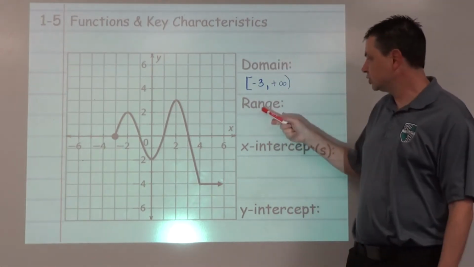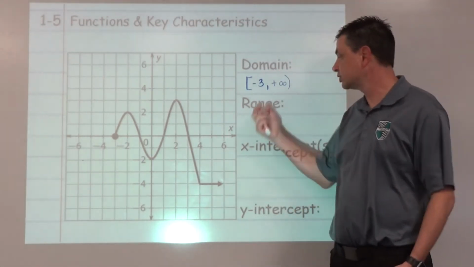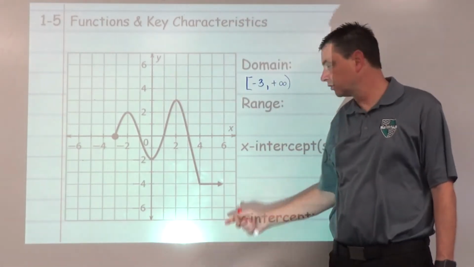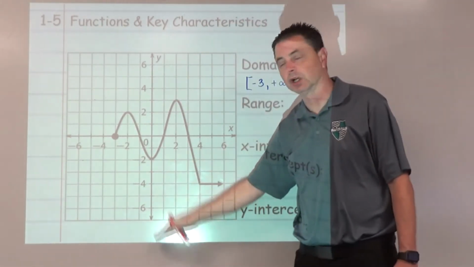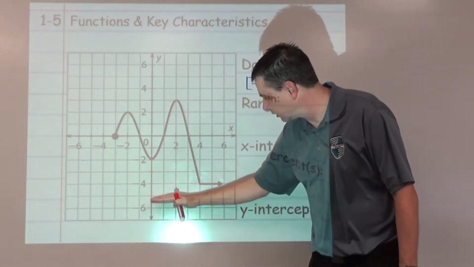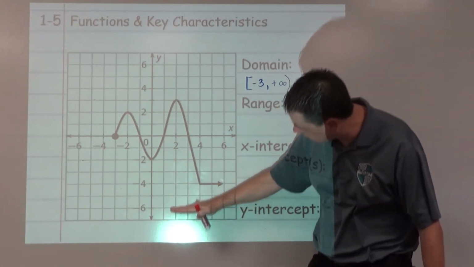The range is how far up and down, or actually in reverse, how low does it go to how high does it go? We always work from smallest to biggest, and that would be from low to high on our range. So notice there's nothing here, nothing here. We first hit our function right here as we're coming up.